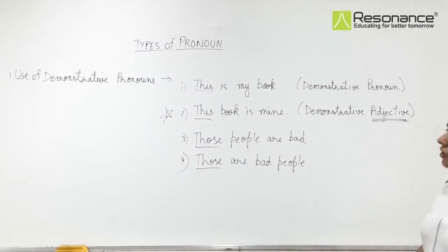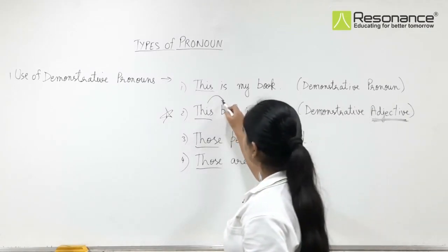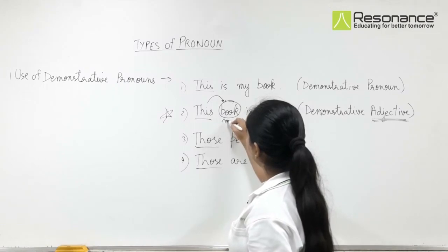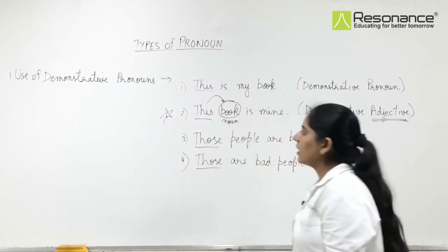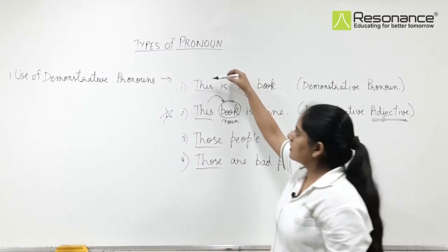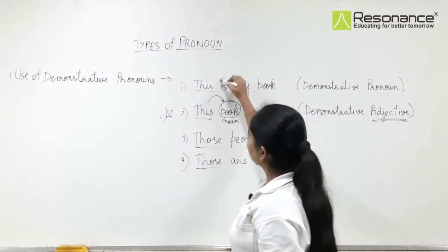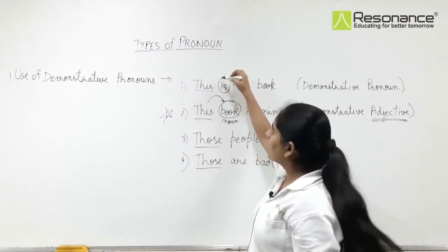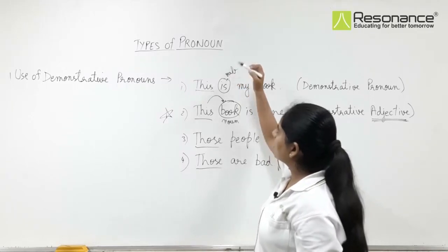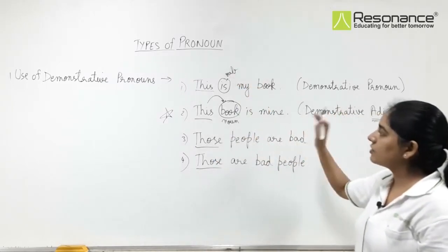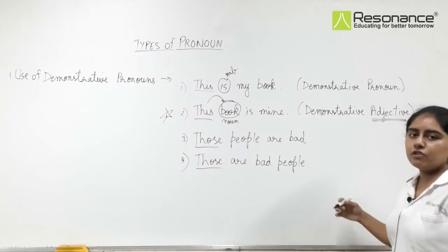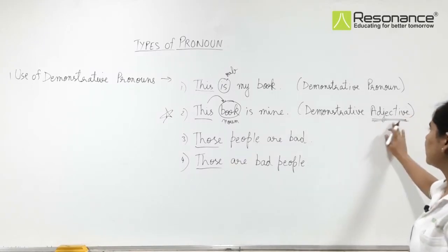Why? Because it is immediately followed by a noun. Okay, see the first sentence, is a noun coming immediately after this? No, is a verb. Okay, noun नहीं है. If demonstrative word is immediately followed by a noun, then it is a demonstrative adjective.